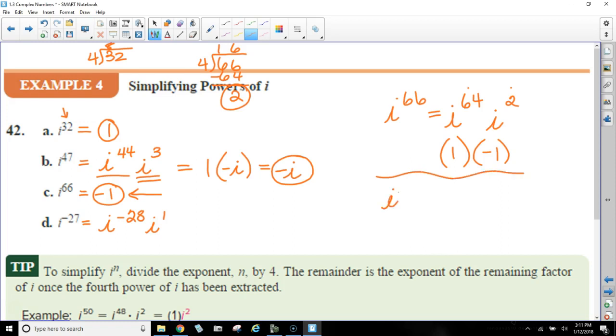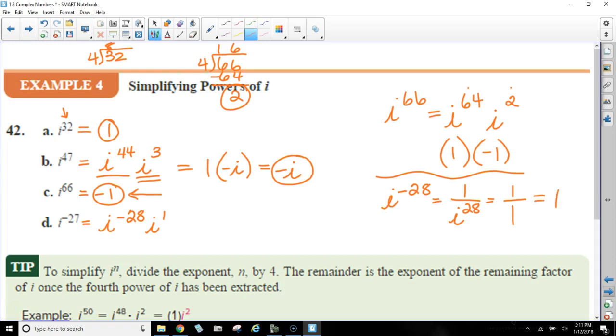If I have i to the negative 28, using our rules for exponents, that's the same thing as 1 over i to the positive 28. So this is 1 over, now i to the 28th is 1, and 1 over 1 is 1.